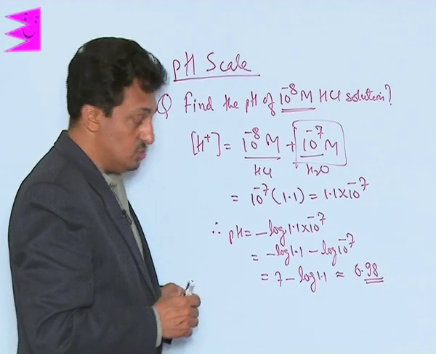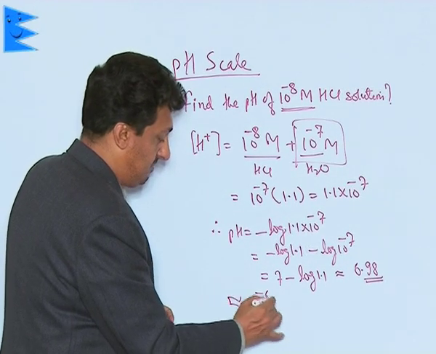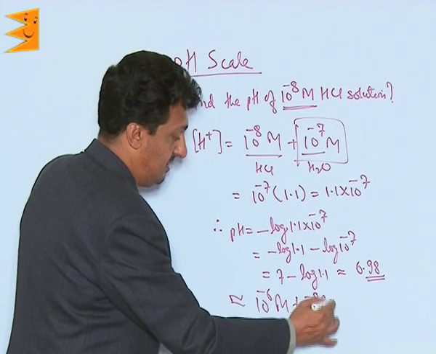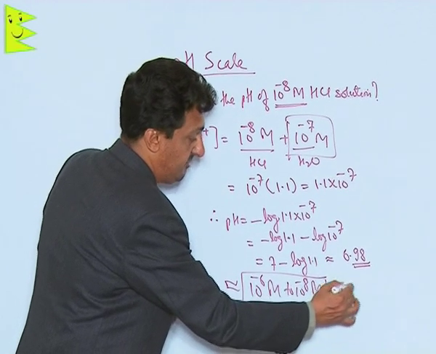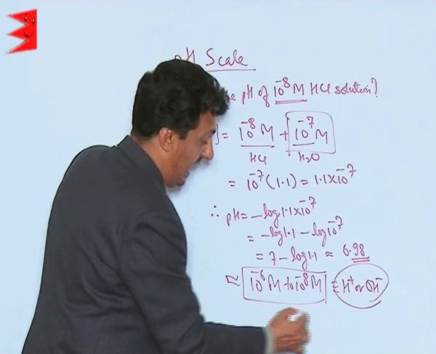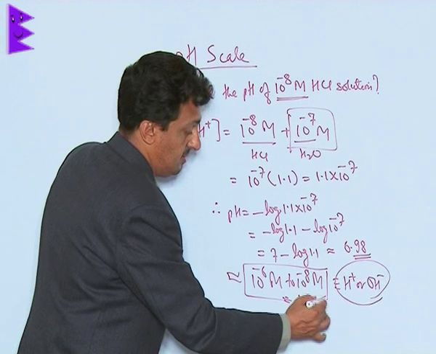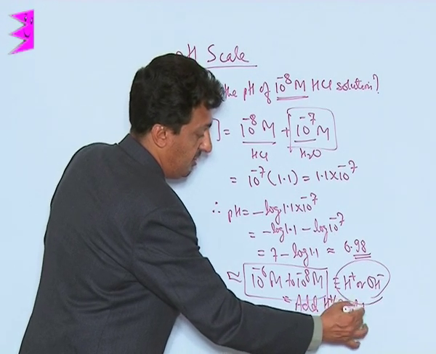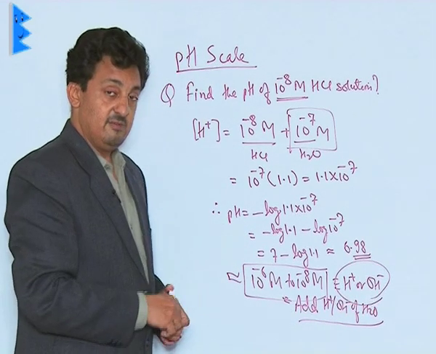It means usually from 10 to the power minus 6 molar to 10 to the power minus 8 molar, in between this concentration of H+ ions or OH minus ions, we add the H+ ions or OH minus ions of water. This is the most important thing which you have to remember.